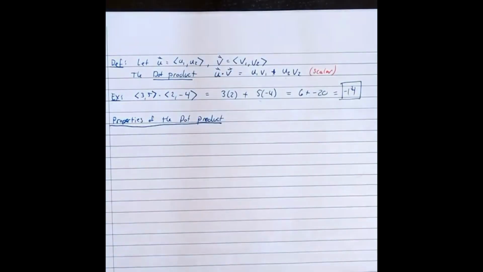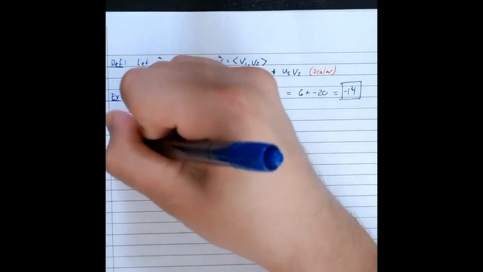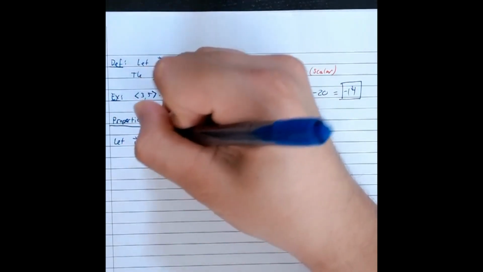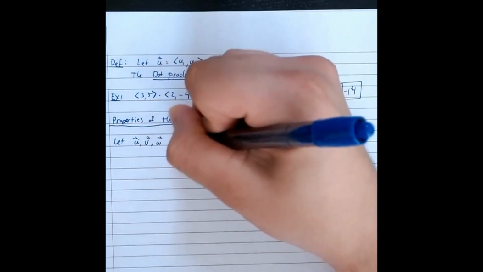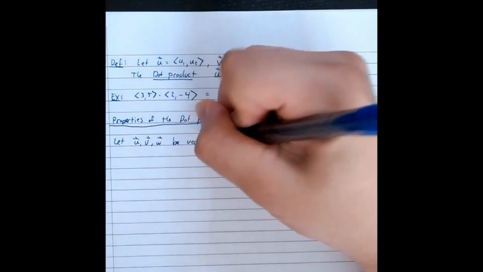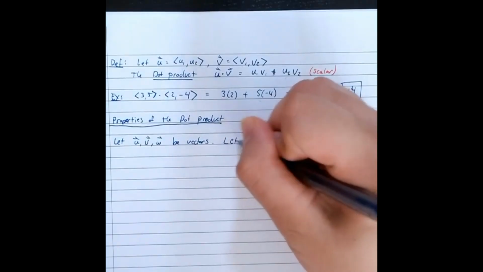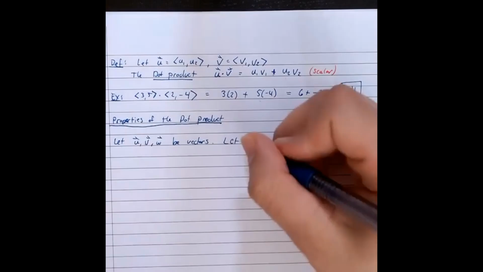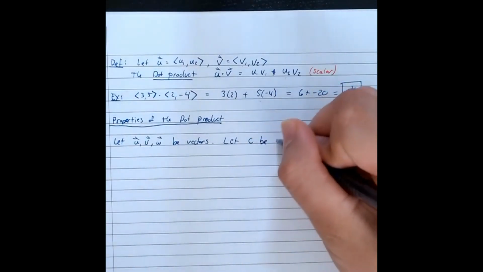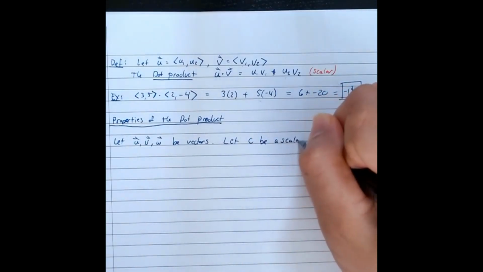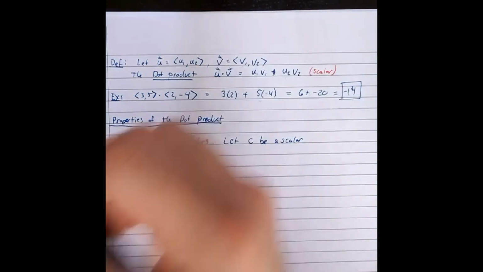Let U, V, and W be vectors. Let C be a scalar. Then all of the following things are true.